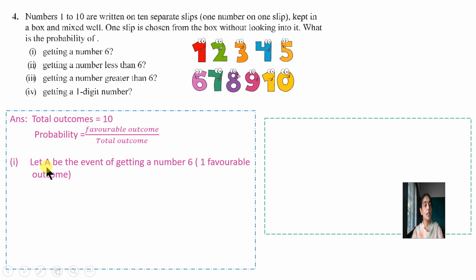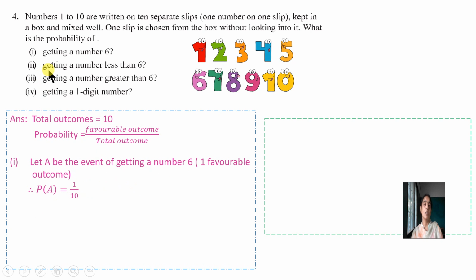Therefore, probability of getting a number 6, in symbol, we write it as P of A. So P of A is equal to 1 upon 10. We cannot simplify it further, so it will remain as it is.